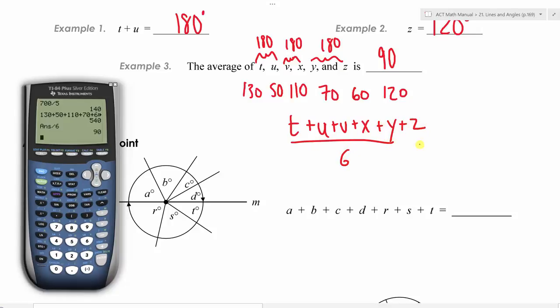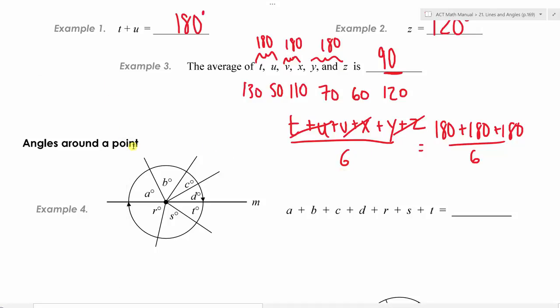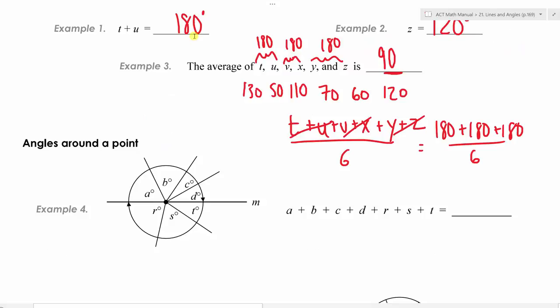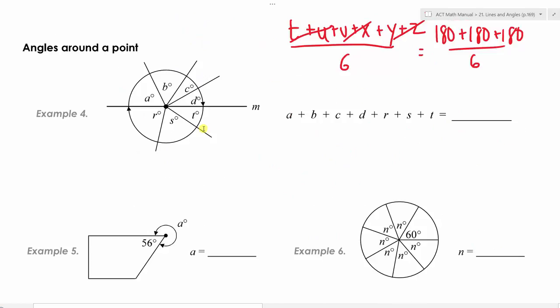Well, again, remember, T plus U is 180, so I'm going to replace those two with 180. V plus X is 180, so I'm going to replace those two with 180. And Y plus Z is 180. So 180 plus 180 plus 180 divided by 6 is 540 divided by 6, and we would get the same answer. So that is how you would do example 3 more traditionally, or the more correct way. Although TIN there is quite nice, works out very well.